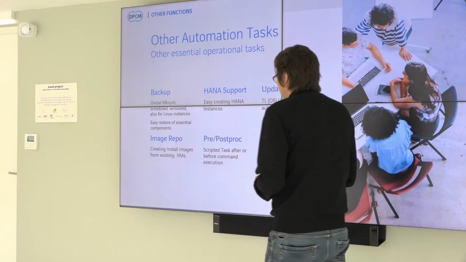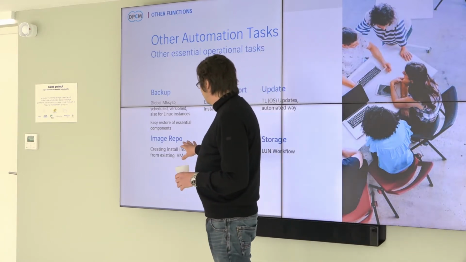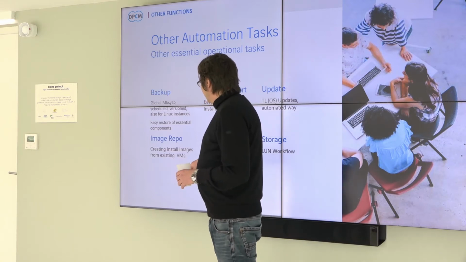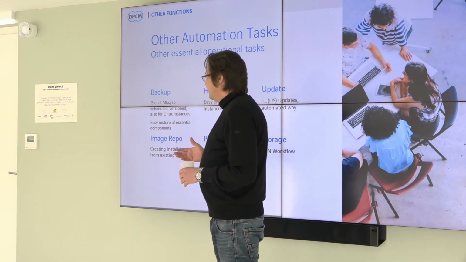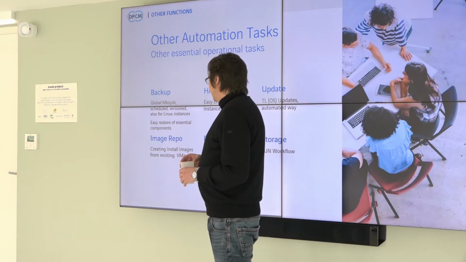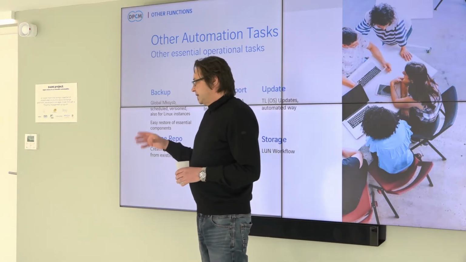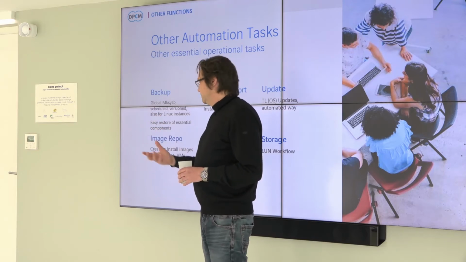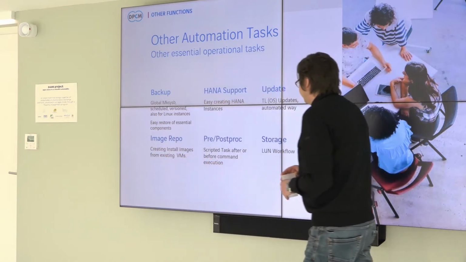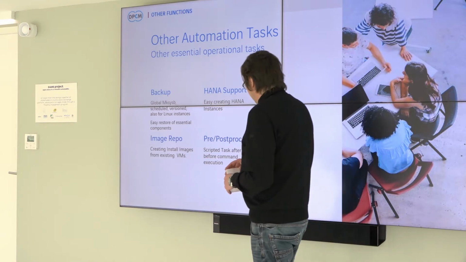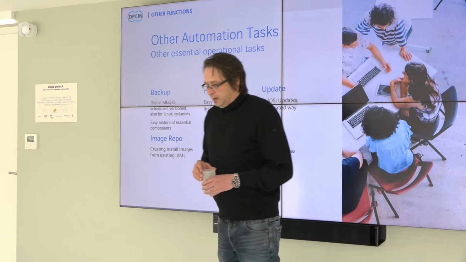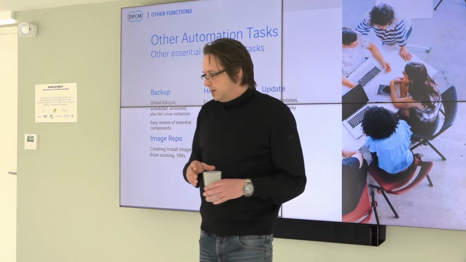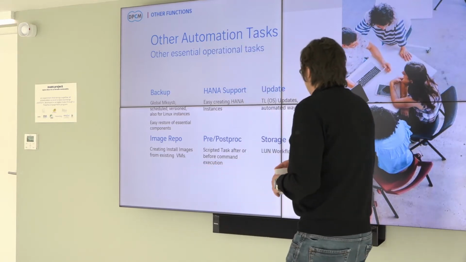And we have this image repository for creating new machines, and we expanded that so you can use existing machines to create a template, to create new machines from this template. We have pre- and post-processing scripts to fulfill some customer-specific needs.